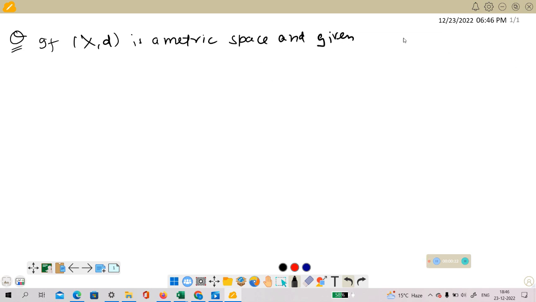Okay, so we have the problem: suppose (X, d) is a metric space and we are given f, a function from X to X which is 1-1.